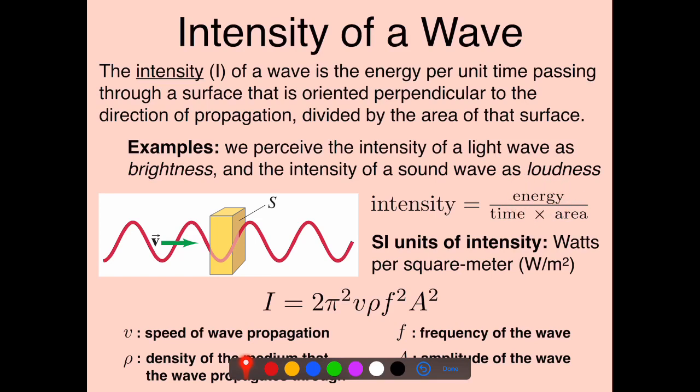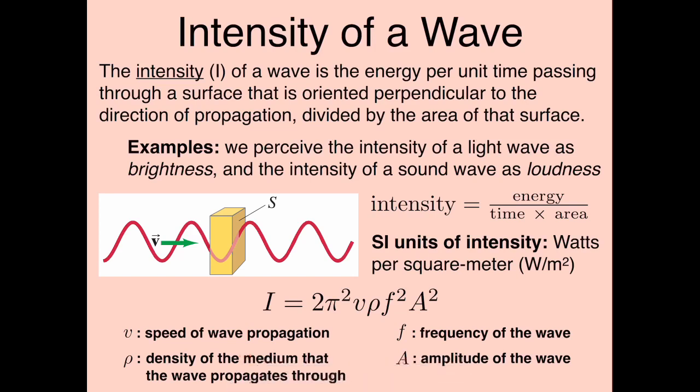If we divide by the time, as well as the area of that surface on the bottom, that gives us the intensity of the wave. So again, it's the energy per unit time per area moving through this surface, which is oriented perpendicular to the wave propagation. Okay, that's how we think about intensity.